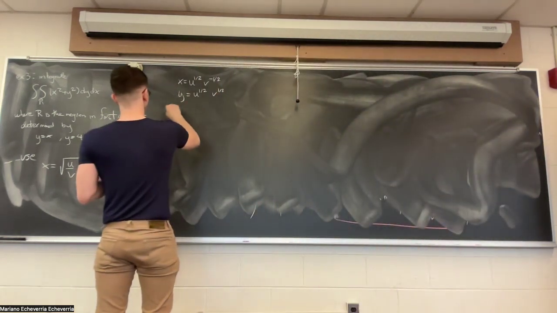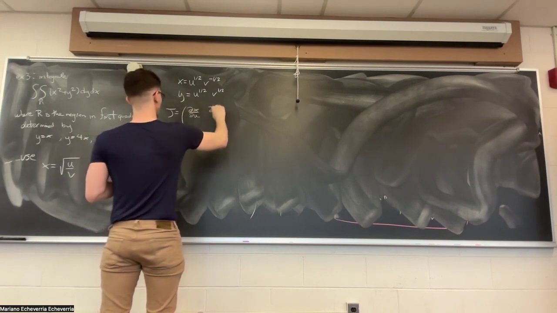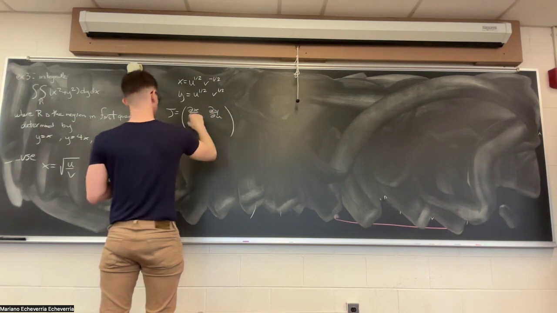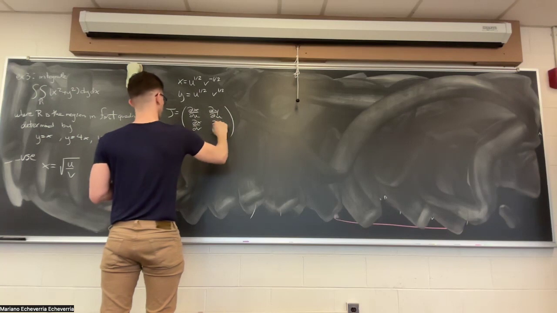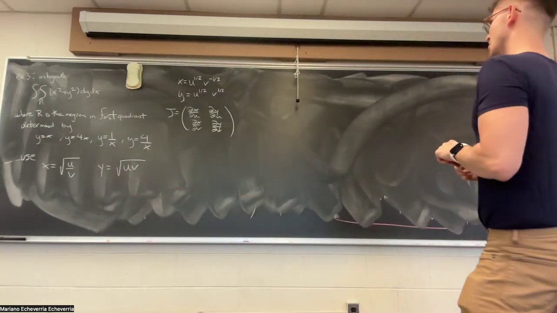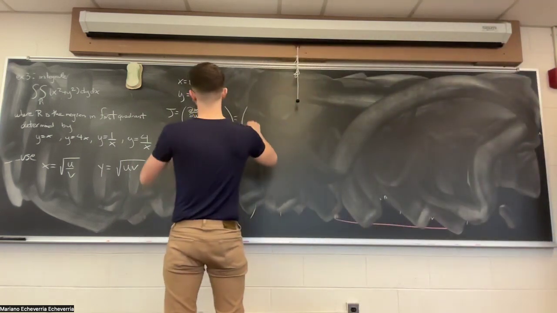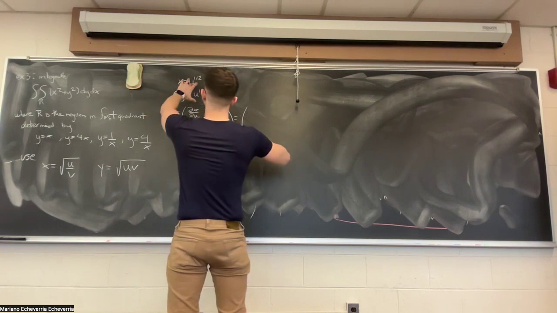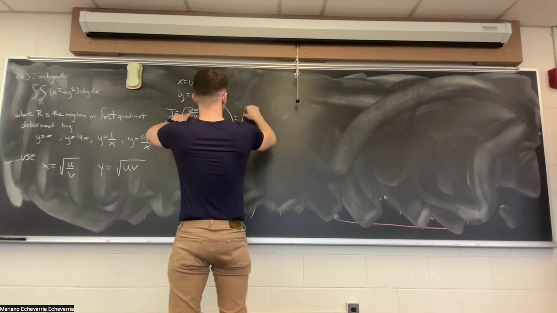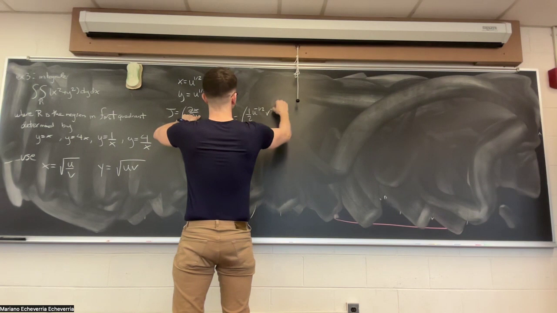So J, the matrix, is the derivative of x with respect to u, derivative of y with respect to u, derivative of x with respect to v, and derivative of y with respect to v. Okay, and then let's take the partial derivatives here. There's just a bunch of 1/2s in this formula. So you get 1/2 u to the -1/2, because remember the exponent drops by 1, v to the -1/2.